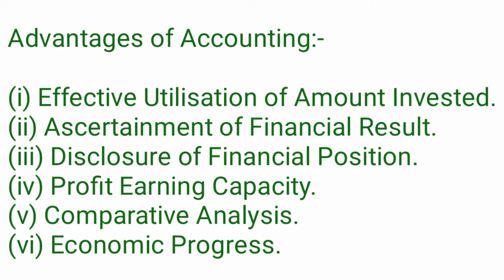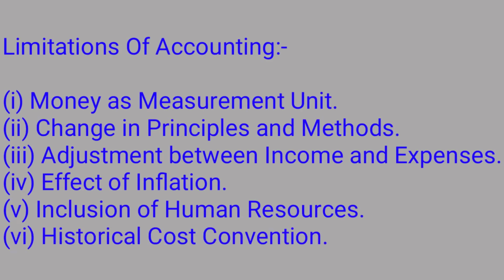Though the users of accounting information are taking many important decisions on the basis of information generated through accounting, there is no denying the fact that accounting itself is suffering from a number of limitations and drawbacks. Come on, let's see what are the limitations of accounting. Firstly, money as measurement unit.